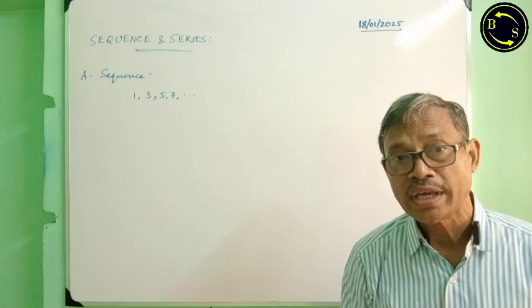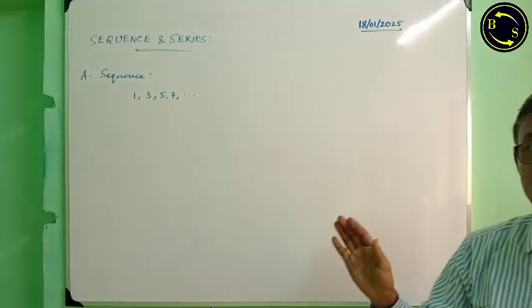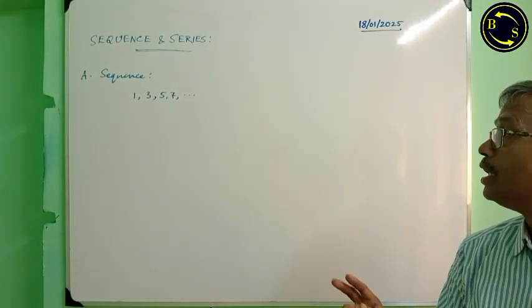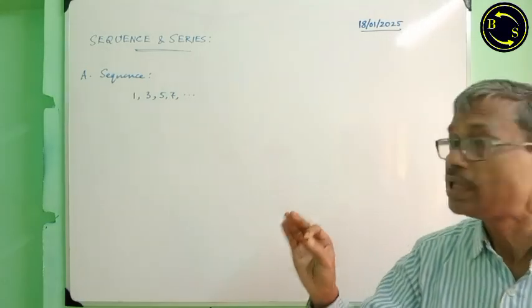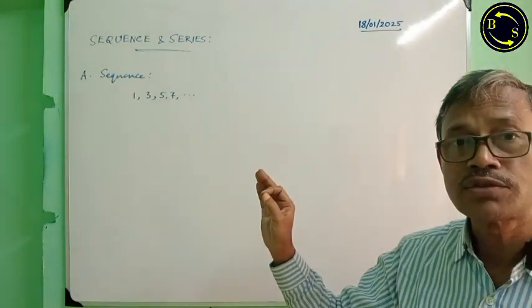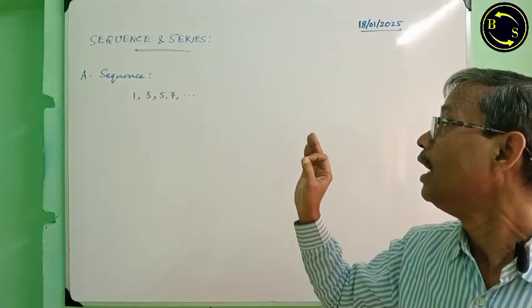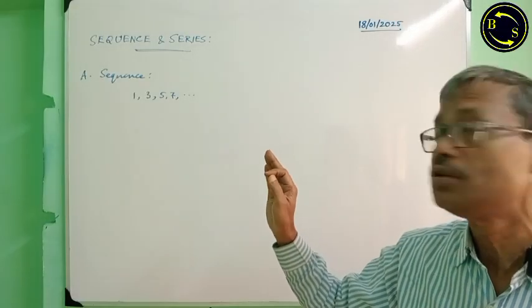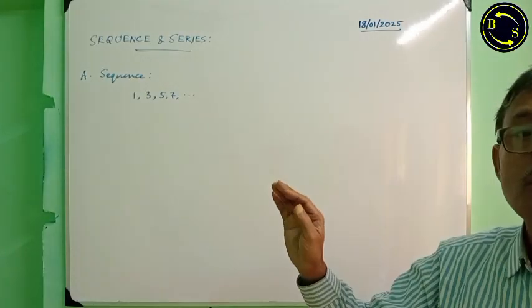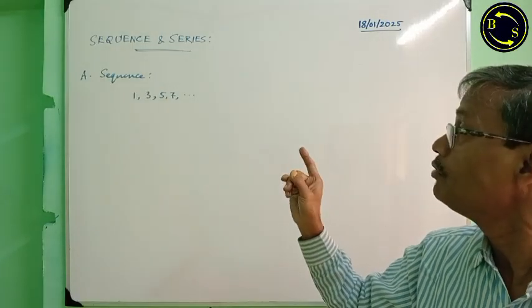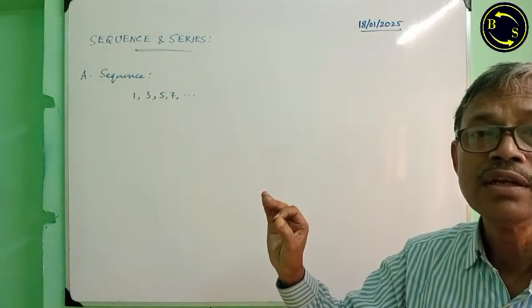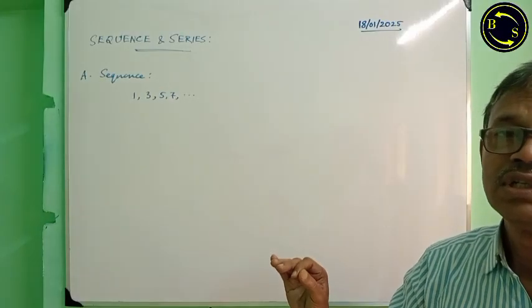If I consider the second term, that is 3. 3 is 2 more than 1, that is the first term, and 5 is also 2 more than 3, that is, the third term is 2 more than the second term.